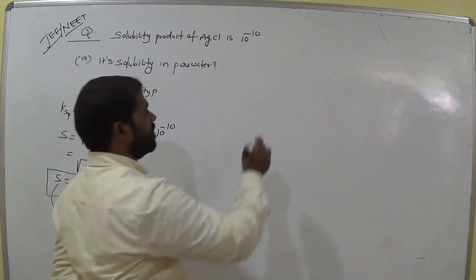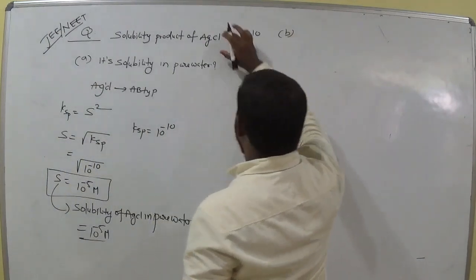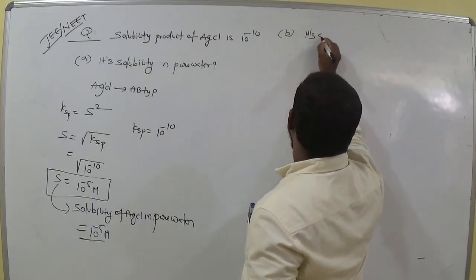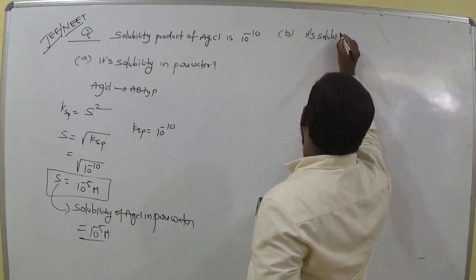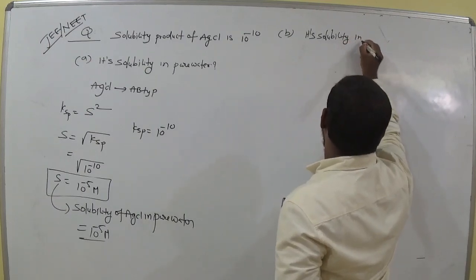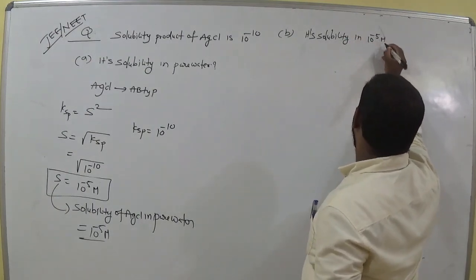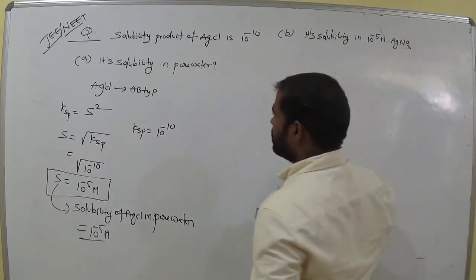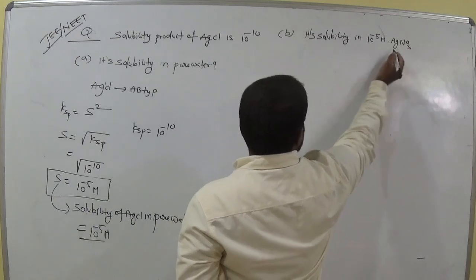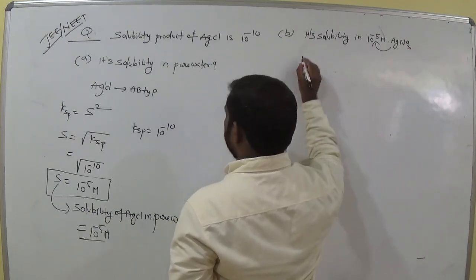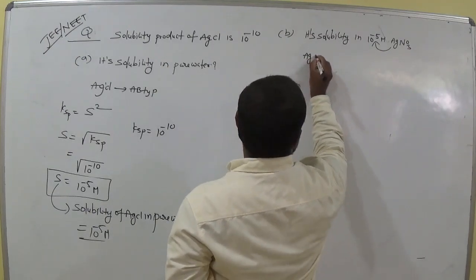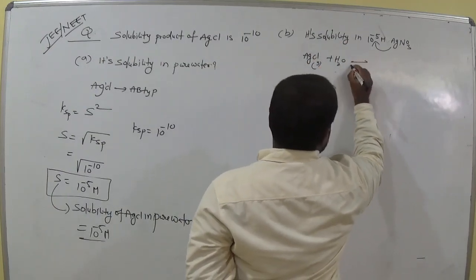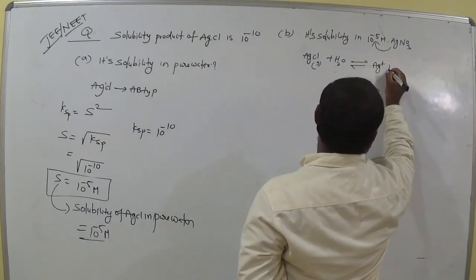Okay, let's say B. For this same question, its solubility in 10 power minus 5 molar AgNO3. Now take the expression, S is given for AgNO3. What is the expression here? AgCl is solid; when dissolved in water, it gives Ag plus and Cl minus.